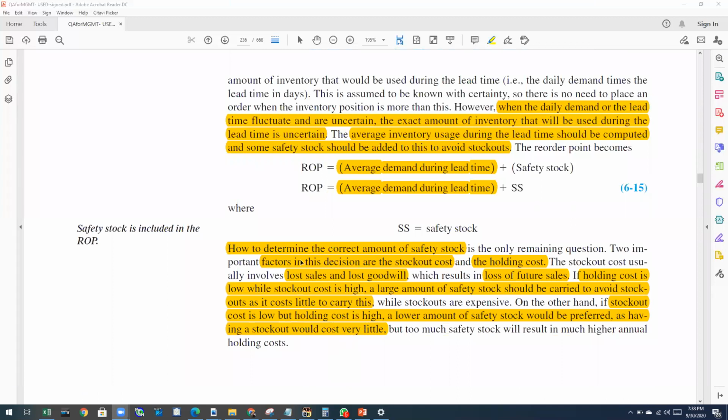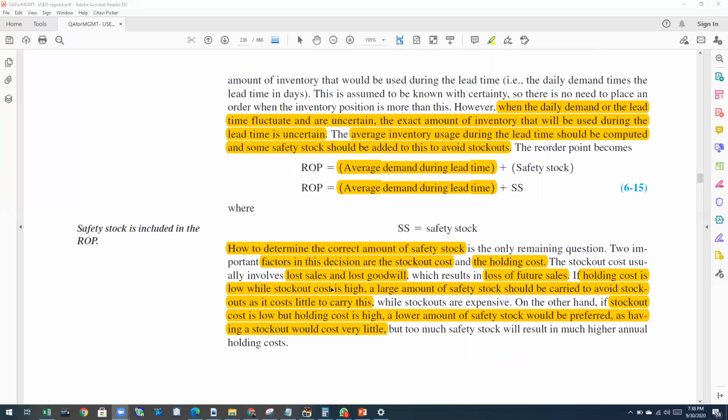So how do we determine the correct amount of safety stock? There are two factors to consider: stock out cost and holding cost. If we hold too little safety stock, we might run out of inventory and stock out cost will occur.